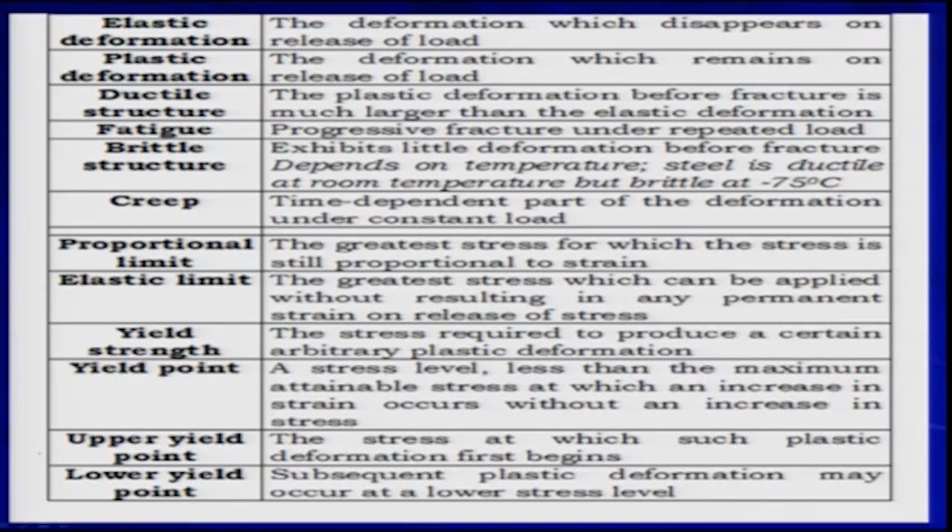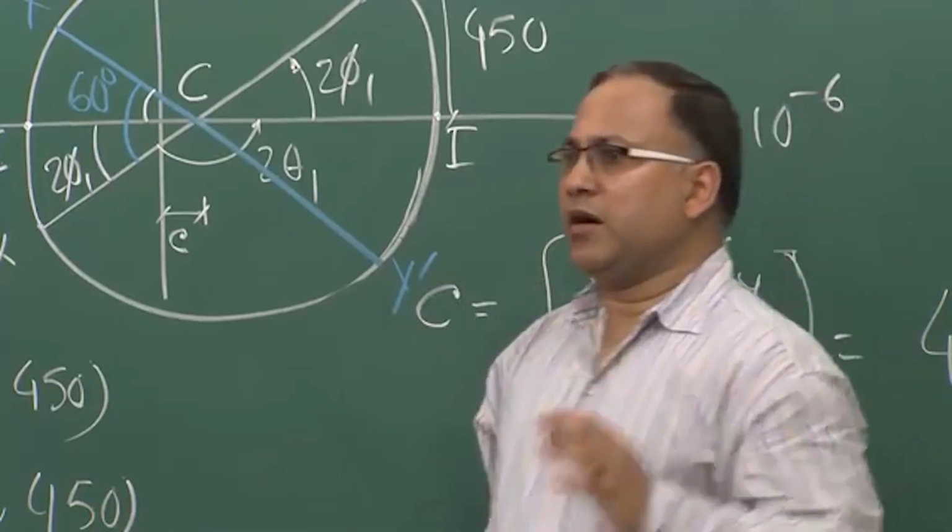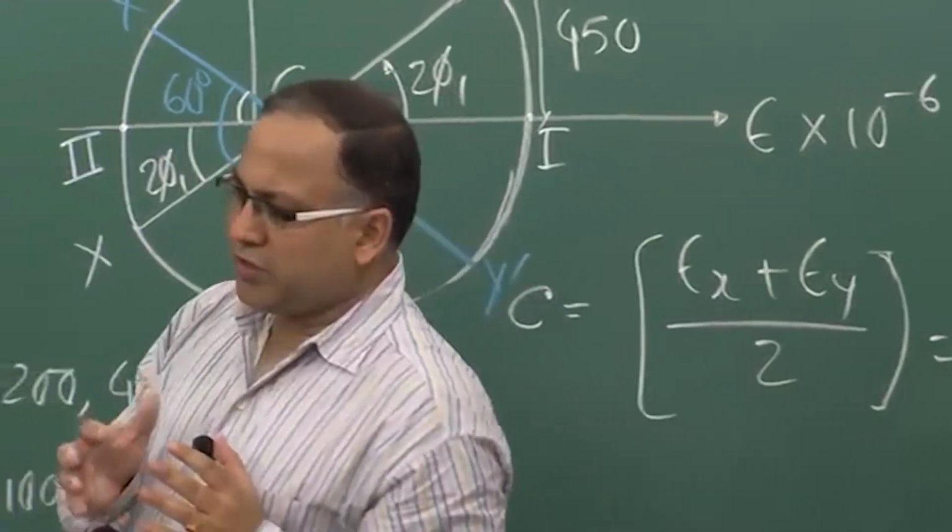Then we are defining a few limits in the stress strain property, because we can plot a stress strain curve, we will see that later on. The proportional limit is the greatest stress for which the stress is still proportional to strain.